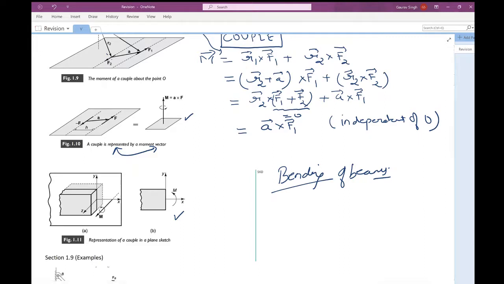And you must remember, if you are able to write a couple as a moment, you can always take it back to the forces as well. So a moment can be written as a couple as well. For example, in this case, you see a moment over here, you can replace it by a couple, in which you will have two forces acting at a certain distance from each other.